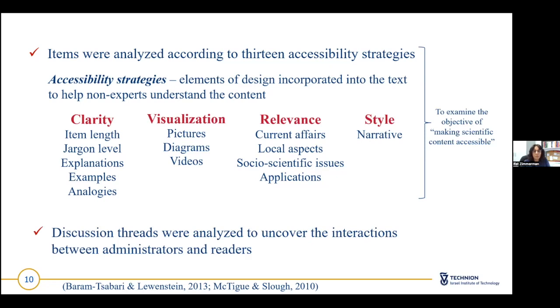Discussion threads were analyzed to uncover the interactions between administrators and readers. We examined who participated in the discussion and whether reader comments were addressed. This analysis was specifically designed to examine the dialogue objective.